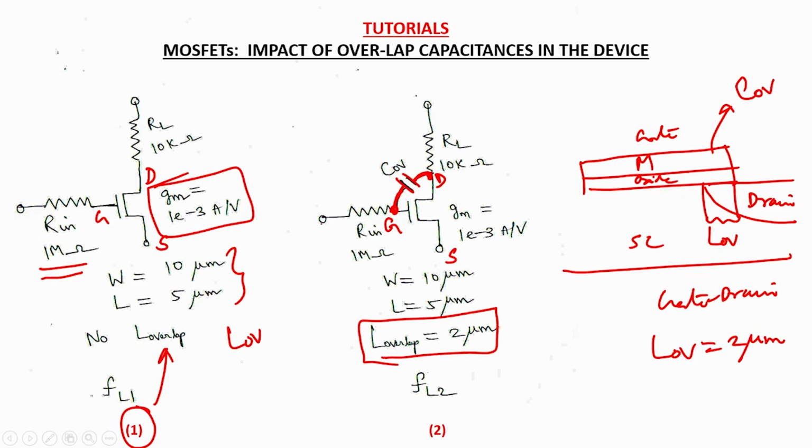And you know that for this common source configuration, this is the input terminal and you take the output here. So this overlap capacitance acts like a Miller component directly, because it is a component directly connected between the input and the output terminals. So you would like to know what is the Miller capacitance at the input terminal due to this COV.